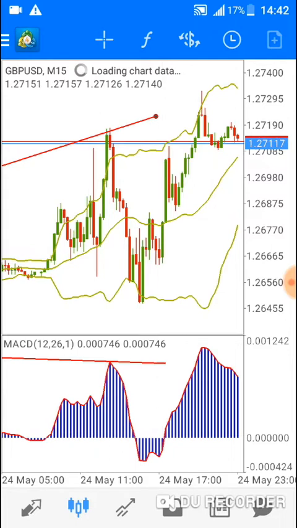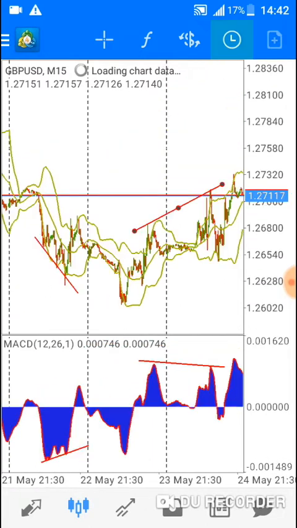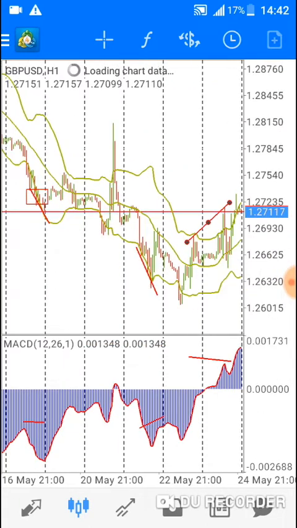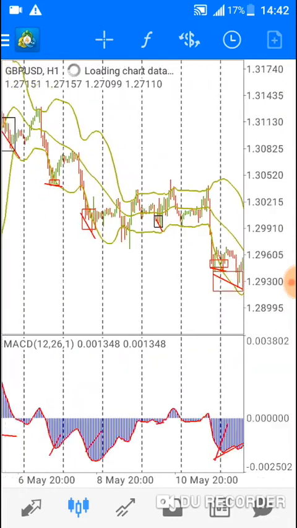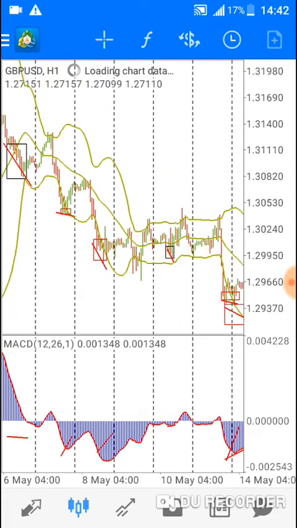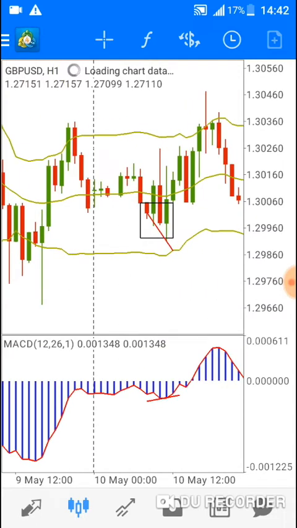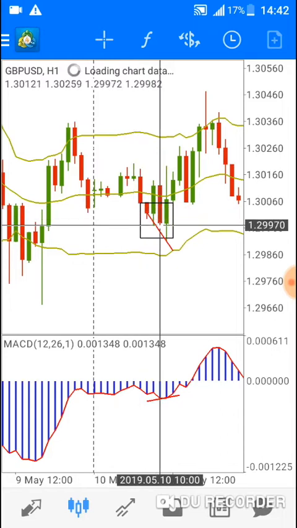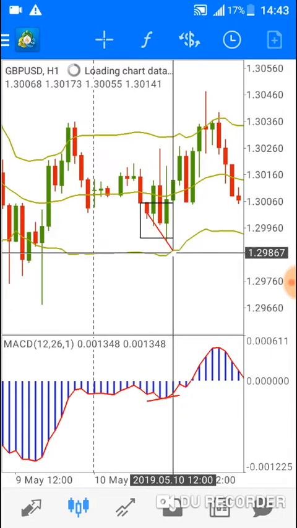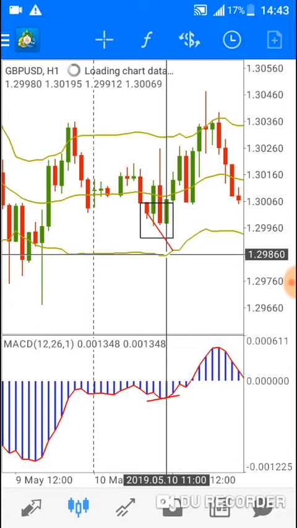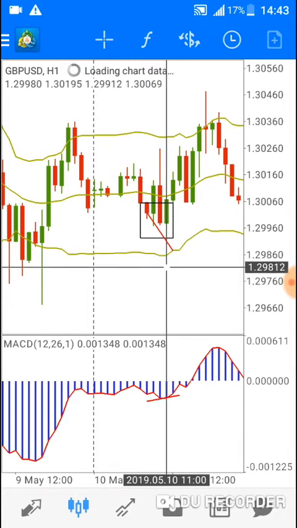So let's check the monthly setup on GBPUSD 15 minutes. As you can see, on 1 hour I have highlighted those areas. Those black boxes mean there was divergence on 15 minutes, but there was no breakout on the lower band of the Bollinger Band.